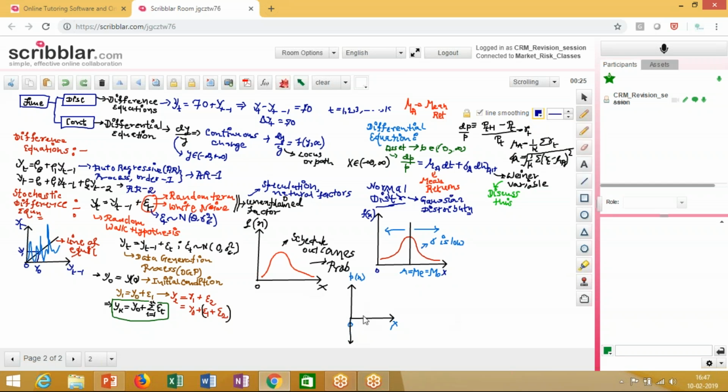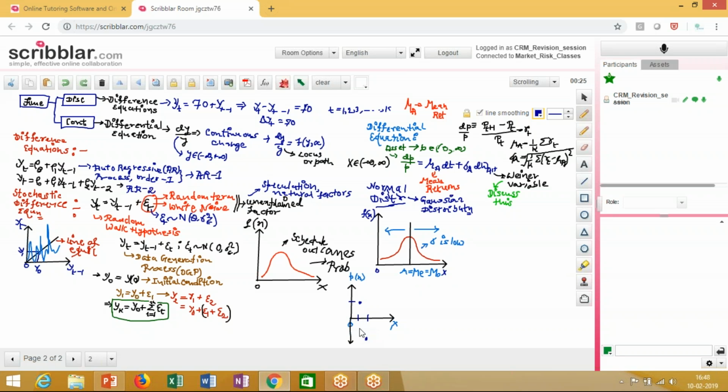Now, over here, the first value is, let's say, plus 5. The second value, given x equal to 2, the next value is minus 5, right?